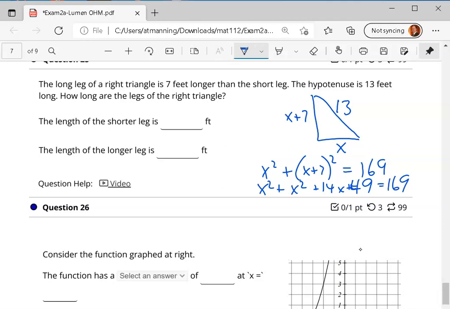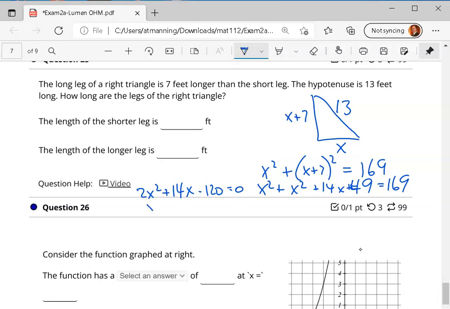That becomes 2x squared plus 14x, and let's see, 49 minus 169. Well, we go down 49 and another 120, or minus 120, equals 0. Well, look at that.